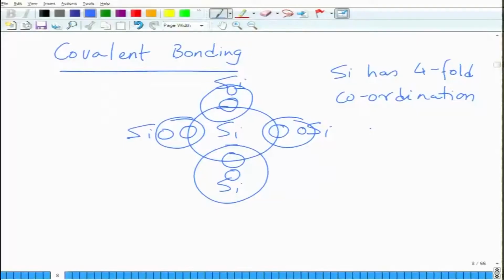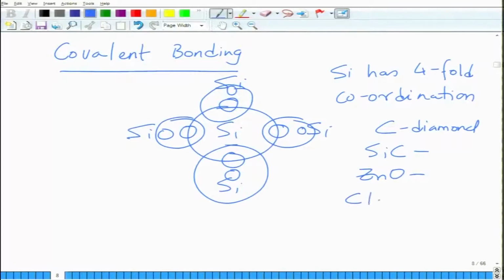So not only silicon, but there are a lot of other elements which have this kind of characteristic. Silicon is one, carbon, basically diamond, has this kind of structure, silicon carbide, zinc oxide, which is an oxide which is partially ionic, but it also has a very strong covalent character. So, all these materials are covalently bonded.